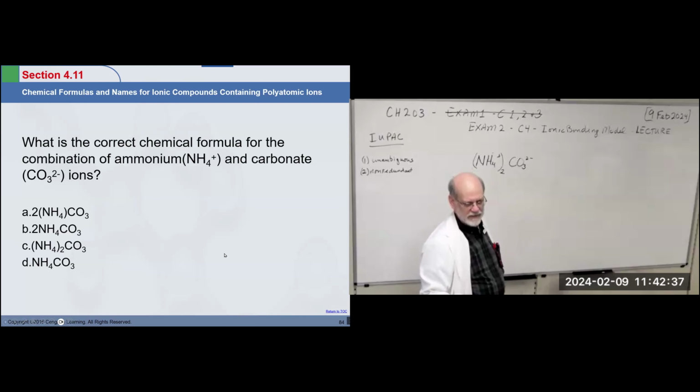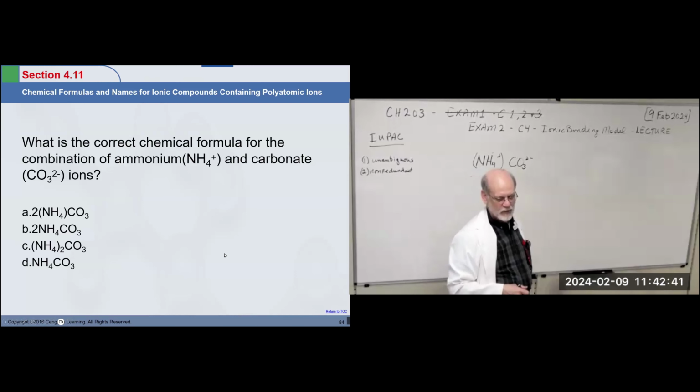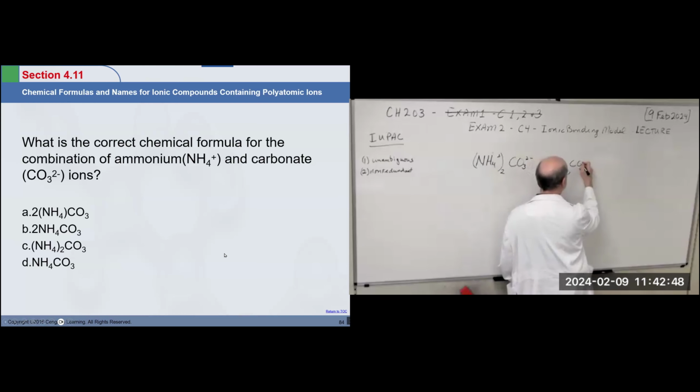And everybody knows carbonates. If you drink pop, carbonated beverages, it's not made from this. In fact, for carbonated beverages we put CO2 gas and we bubble it through water.